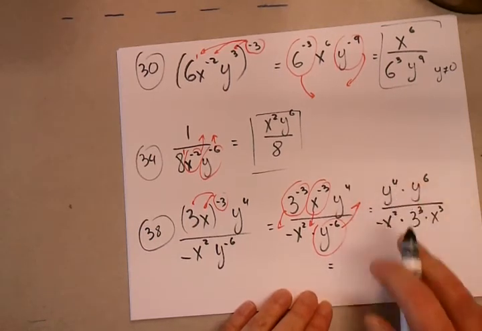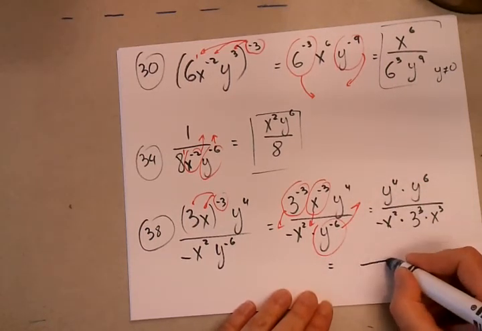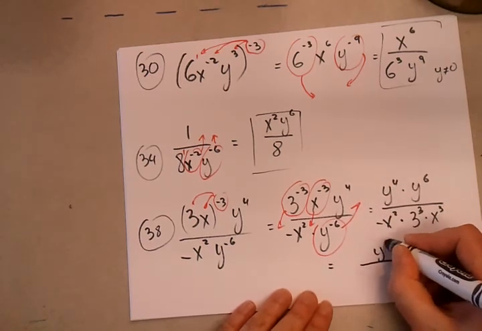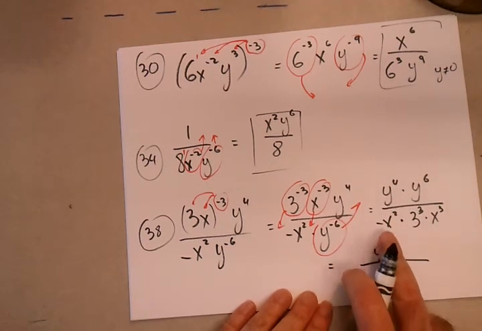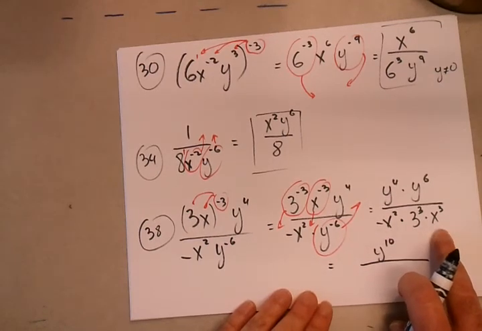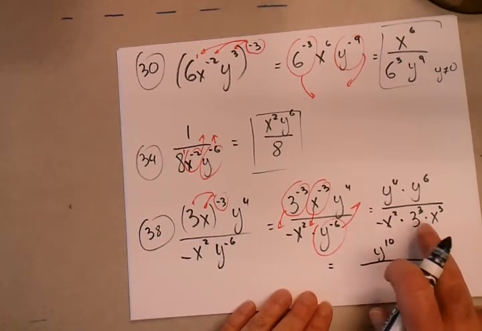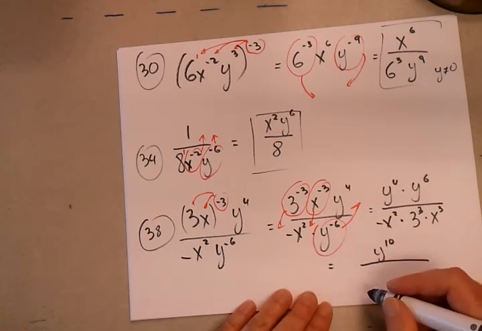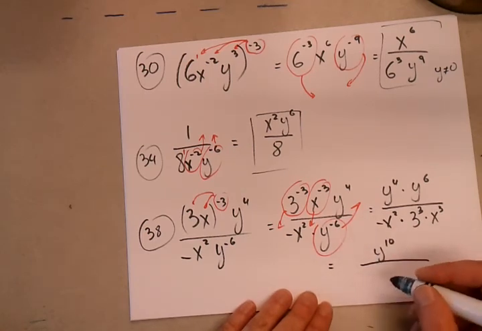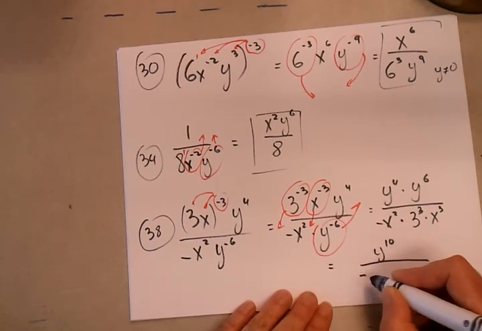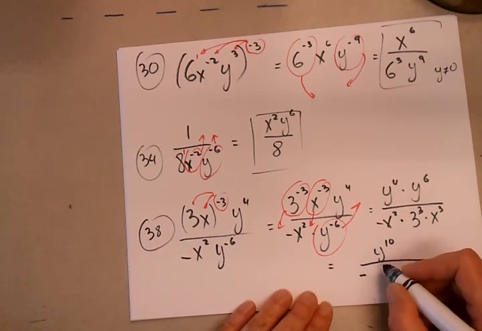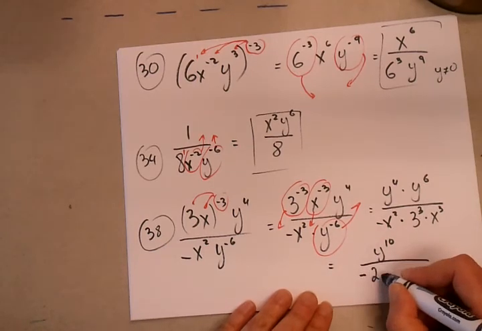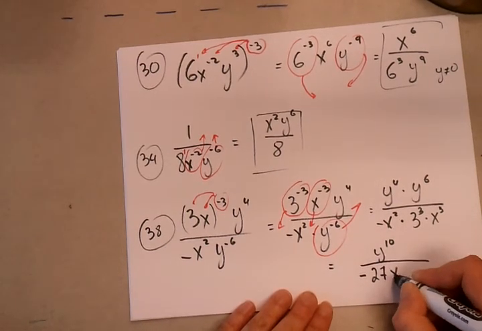First of all, product of powers up top. You just add the exponents, 4 plus 6, that's y to the positive 10. On the bottom you have x and x, so the same base, product of powers, add the exponents, 2 plus 3, that's 5. It's still going to be negative. And then 3 to the 3rd power, that's 27. So I want to write that first. You write the numbers first. Negative 27 x to the 5th power.